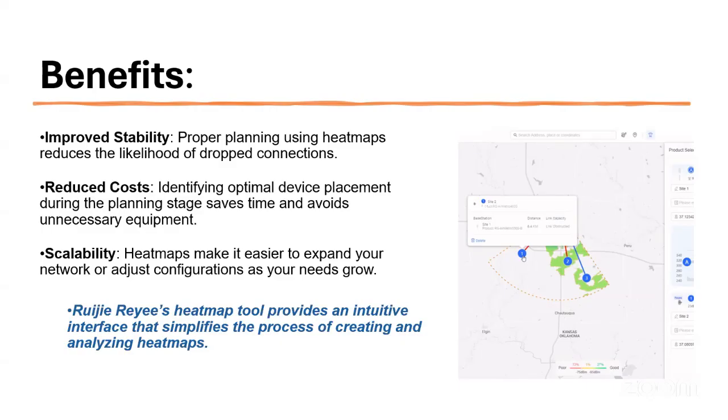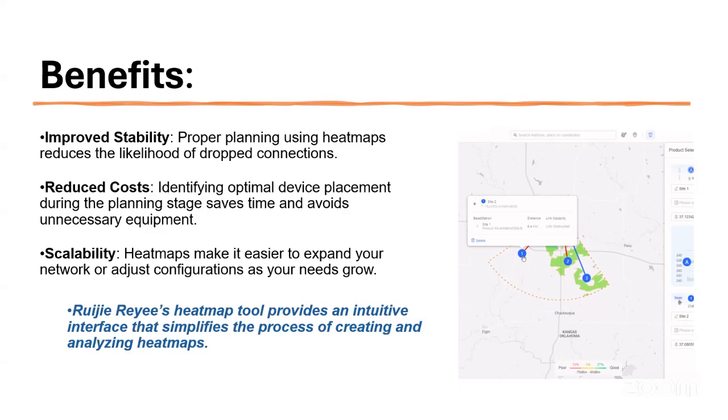Let's talk a little bit more regarding the benefits of the heat maps. The first benefit is improved stability. Proper planning using heat maps reduces the likelihood of dropped connections, and that is very good. Another benefit is reduced costs: identifying optimal device placement during the planning stage saves time and avoids unnecessary equipment.